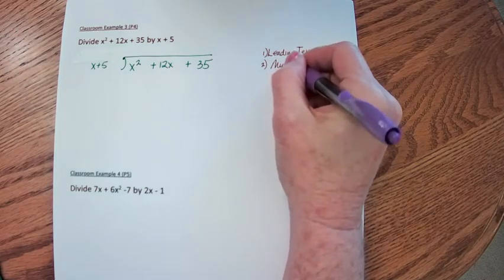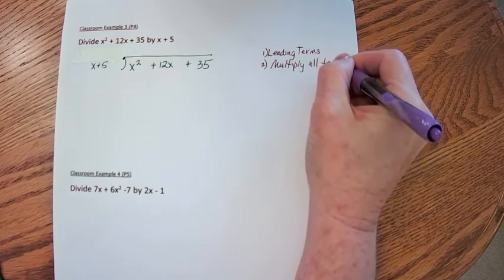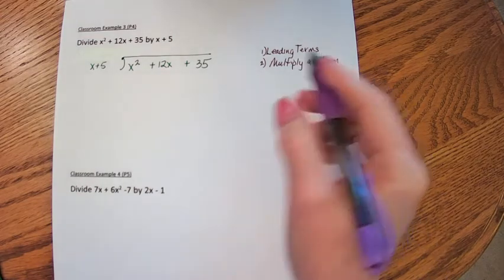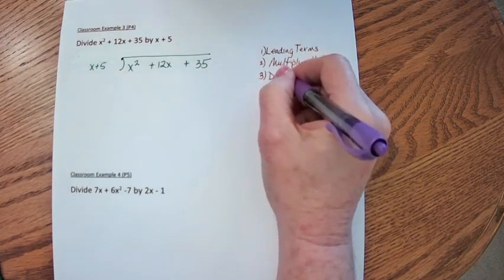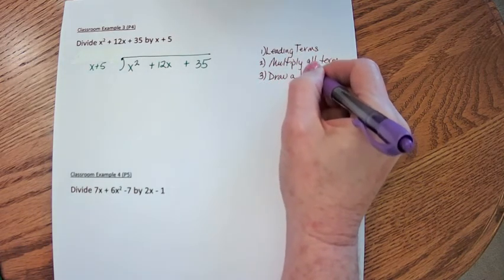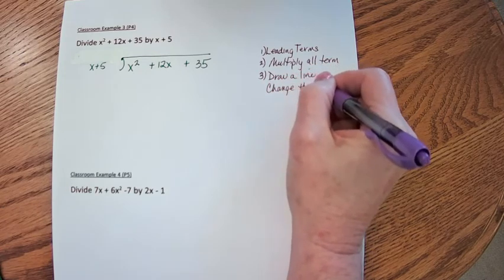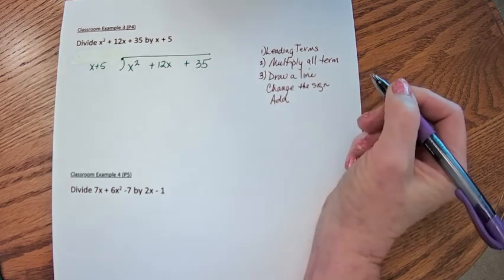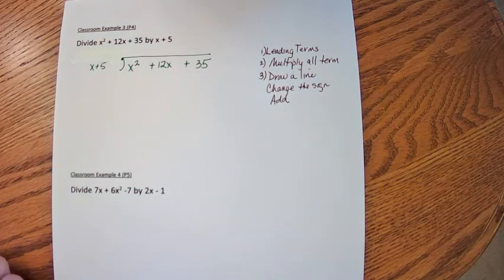Then, number 2, you multiply all terms on the outside, putting your answer in the correct columns for your degrees. Number 3, you draw a line, you change the sign, and you add. And then you start the process all over again.